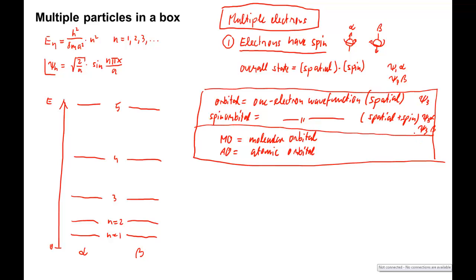The second fundamental fact about electrons is the Pauli exclusion principle. It states that two electrons are never in the same state.